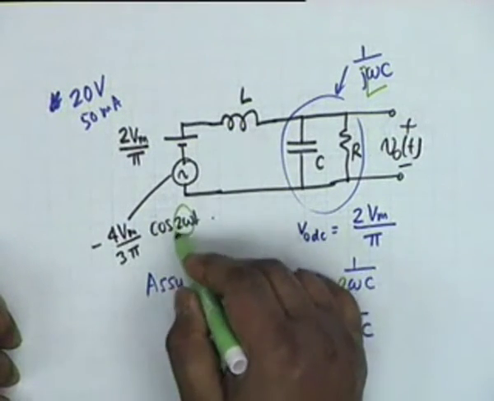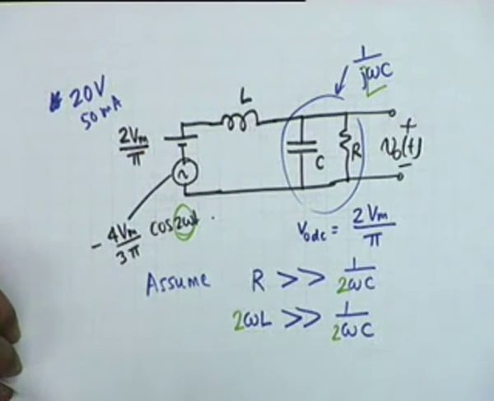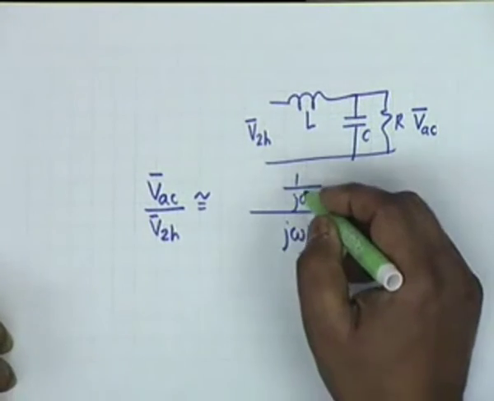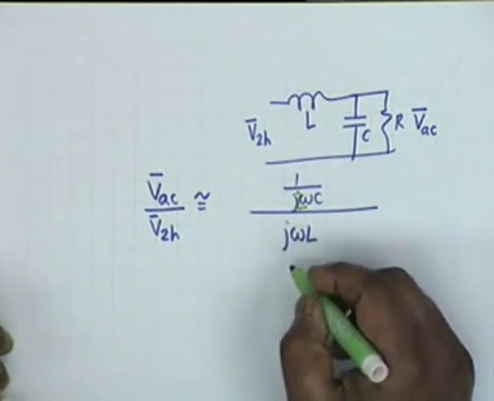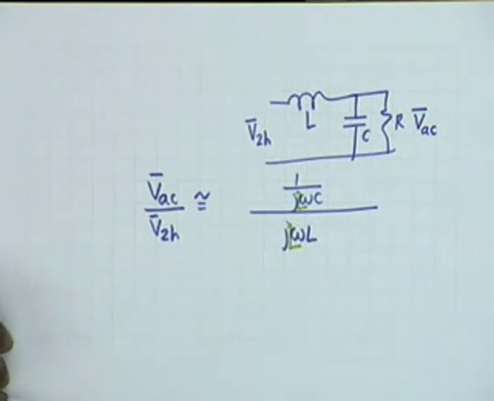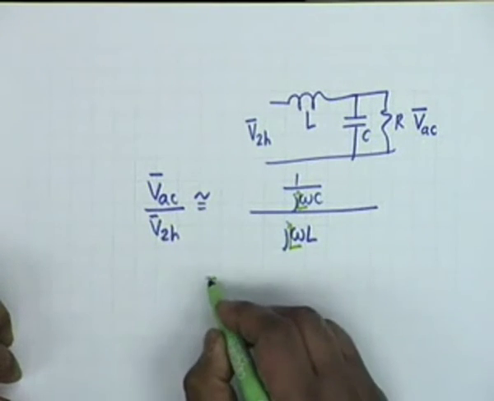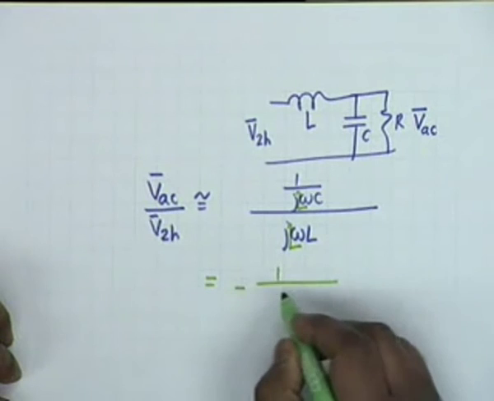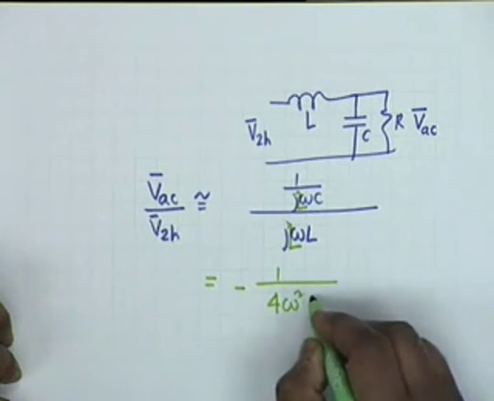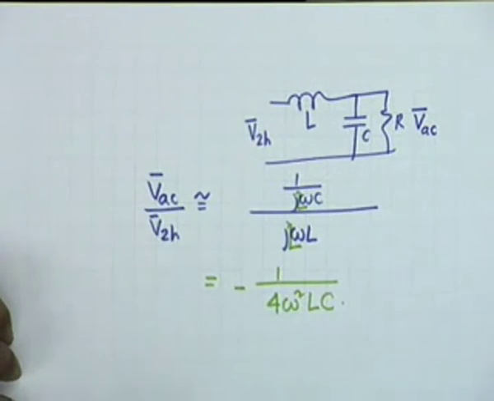The frequency of the AC input is 2 omega, which means that our relation should be j2 omega C divided by j2 omega L. And obviously you see this is 1 by minus 4 omega squared LC.